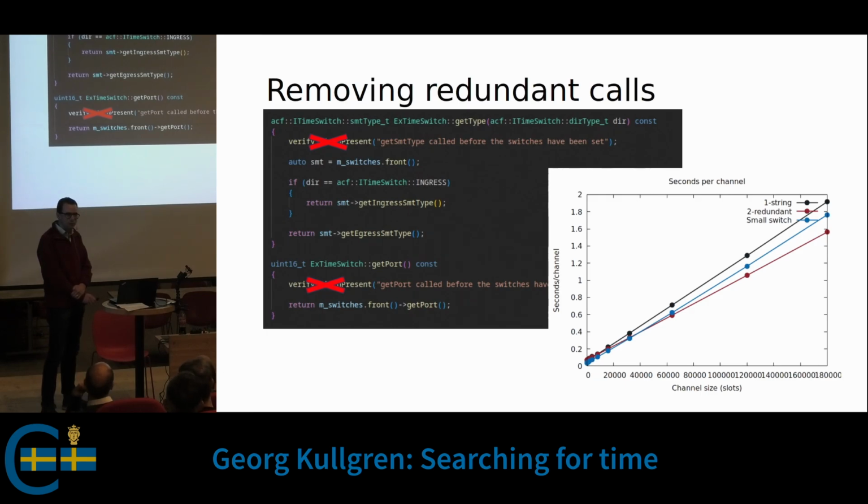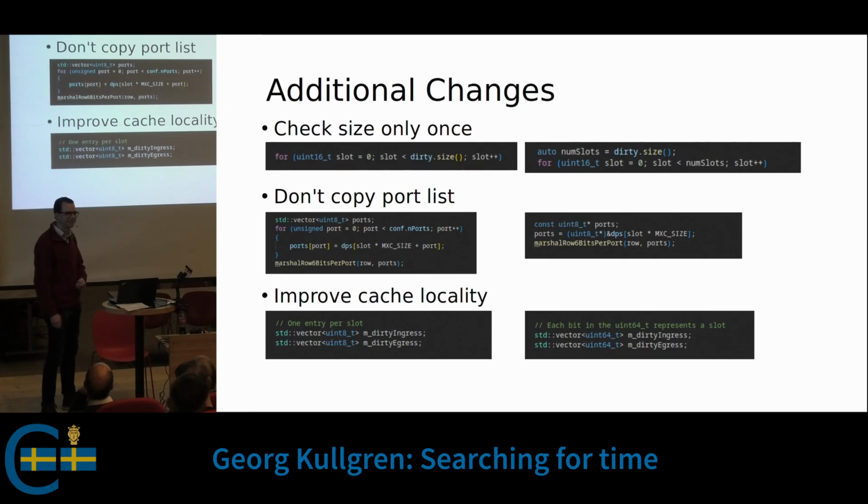We did do some other things, but after these pretty small changes, we didn't really find any good things to update based on the performance measurements. So now we started to change things basically at random. Instead of checking the container size inside the loop, we checked it before the loop. Instead of copying a list, we used a reference.